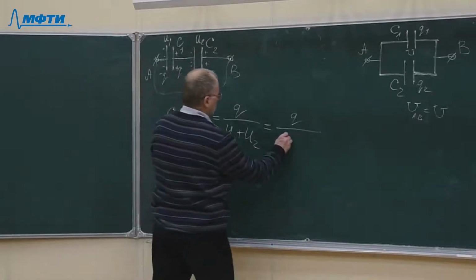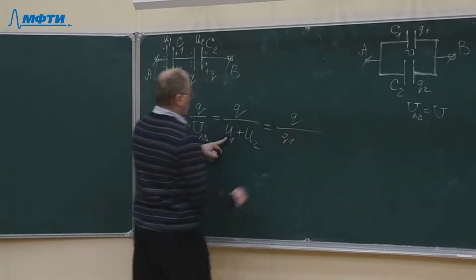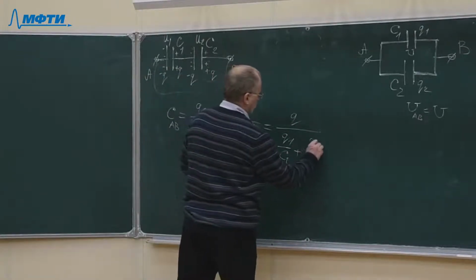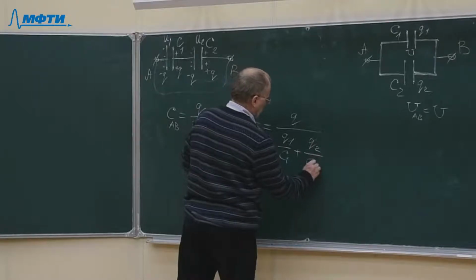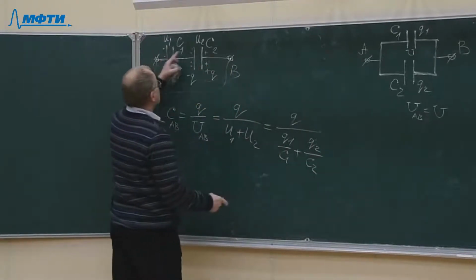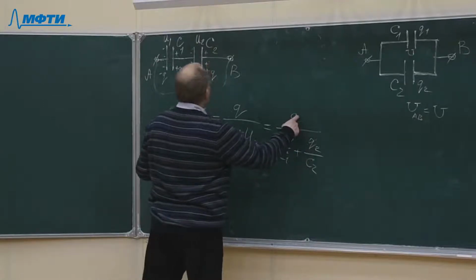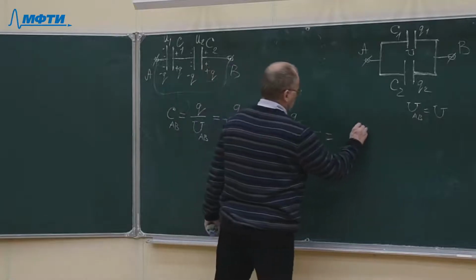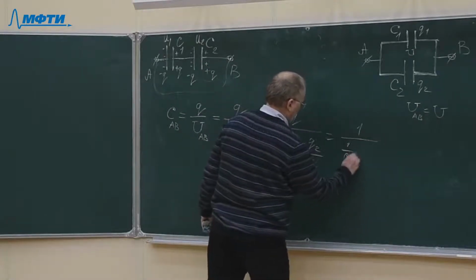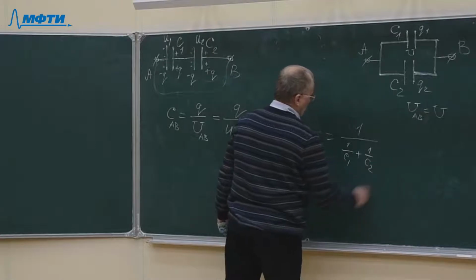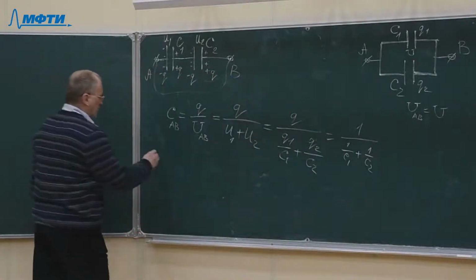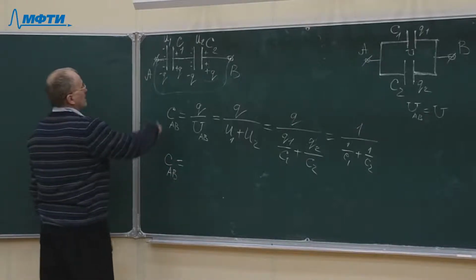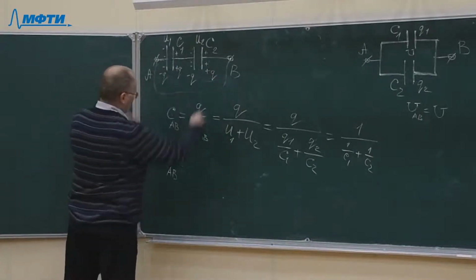U1 by definition is the charge on the first capacitor divided by C1, and U2 is the charge on the second capacitor divided by C2. Well, the charges on the first capacitor and second capacitor are equal and equal to the charge between points A and B. So this can be cancelled, and what we obtain here is 1 divided by 1 over C1 plus 1 over C2.